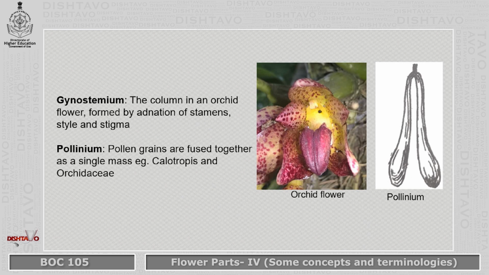Pollinium is a two-lobed structure having the pollen grains in a single mass inside a sac-like structure. This can be found in the family Orchidaceae.